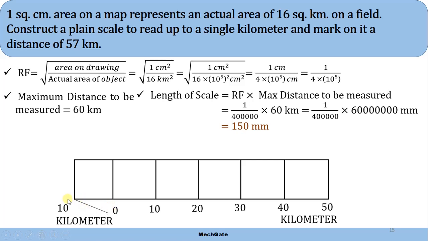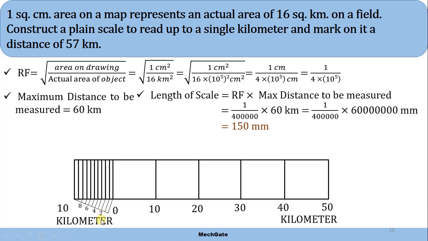You just draw an inclined line, then select a dimension that will be easily divided into 10 equal parts, and join the ends of both lines, and then draw lines parallel to this end line using a roller scale, and project these points over here. This way we can divide the 25 millimeter length into 10 equal parts.